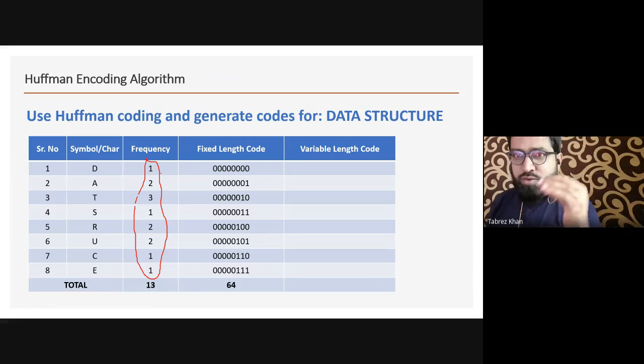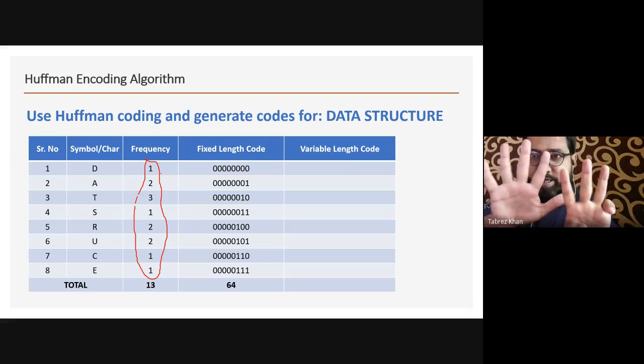So in the first step and in every step, we need to arrange these characters in the ascending order of their frequencies. If I talk about character frequencies, then it is 1, 1, 1, 1, 4 ones are there, then 2, 2, 2, 3 twos are there, and then finally 3. Total 8 characters, or 8 frequencies.